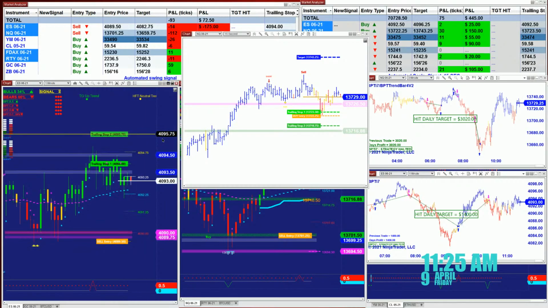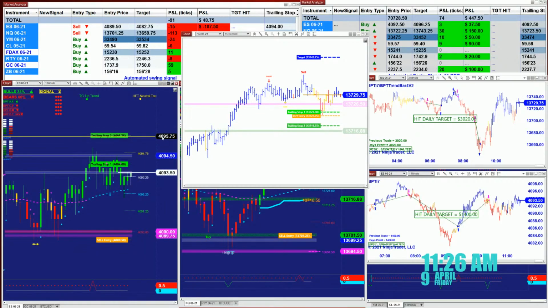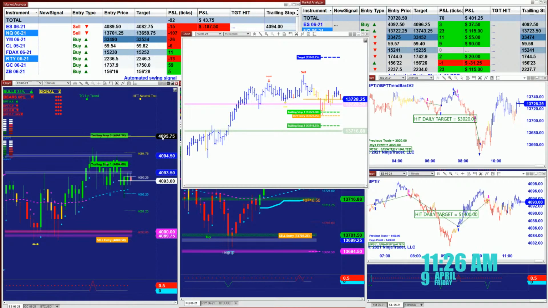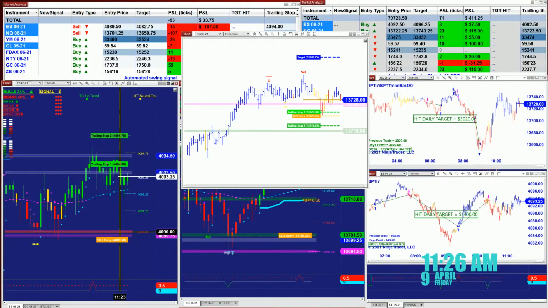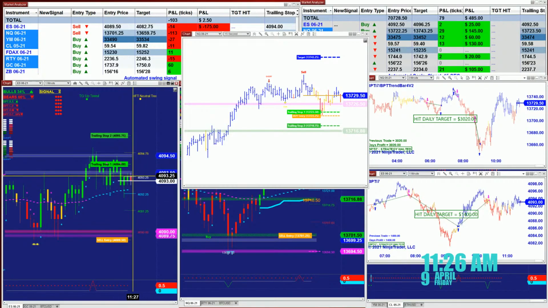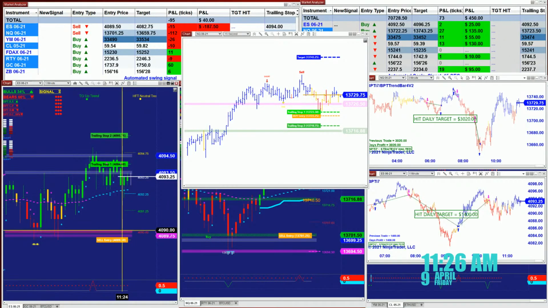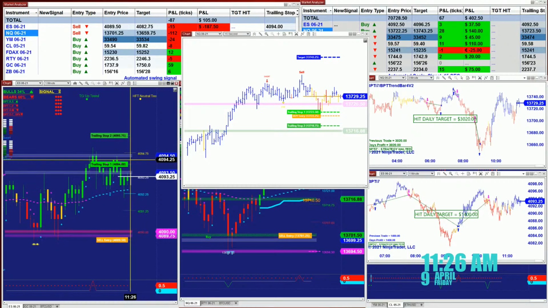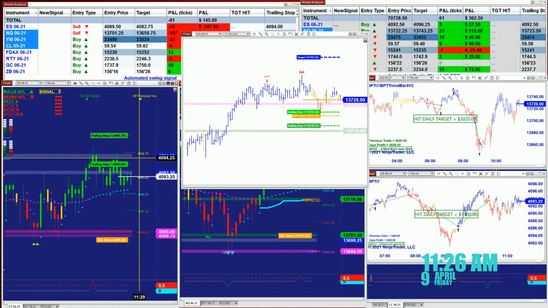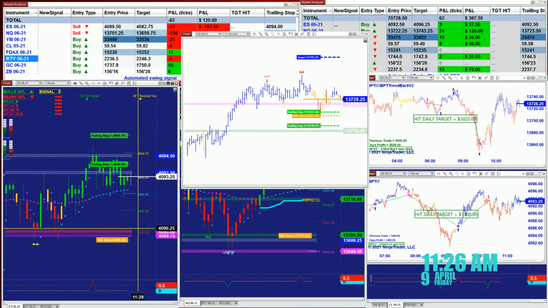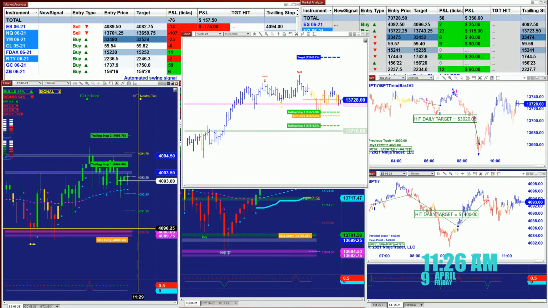So now what the ES is going to do is go back and try to retest the 4090. So there is a short trade, exit at 40.90. If it's not able to break that area now, it's going to drop to the 40.90, absolutely, and it's going to retest the 40.90.